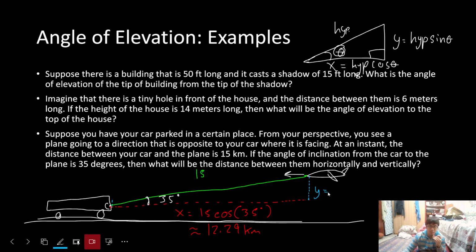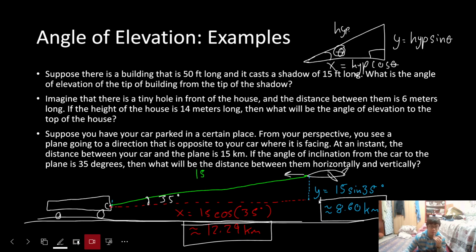So y is equal to 15 times sine of 35 degrees, which is approximately 8.60 kilometers. And those are your answers. There we go.